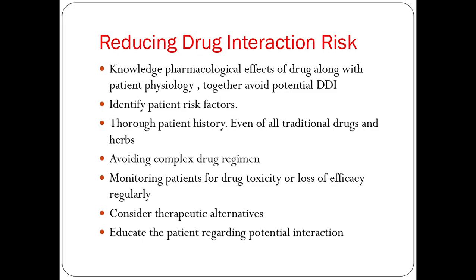You can change the drug, or alternate drugs can be used to reduce the drug interaction, and educate the patient regarding the potential interaction. So the patient should be educated and should know about the drug interaction, so the education of the patient is most important to reduce drug interaction.